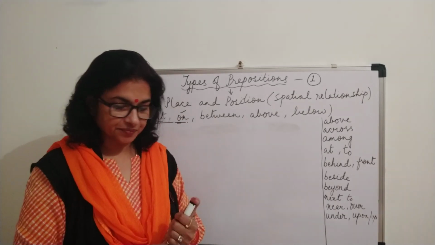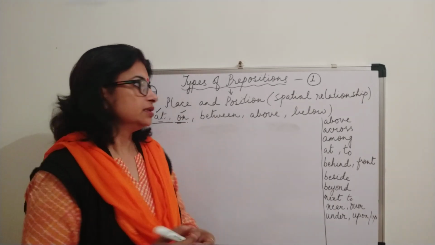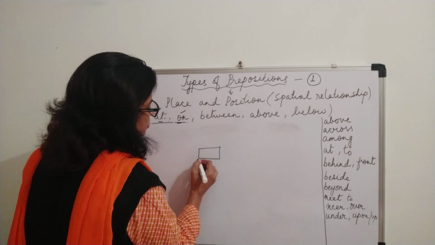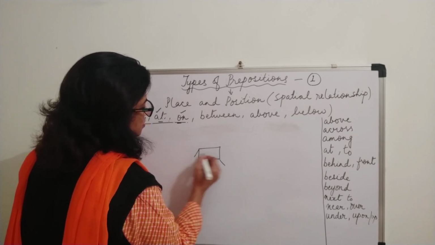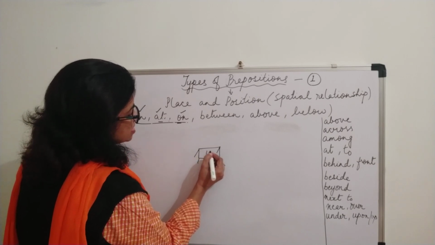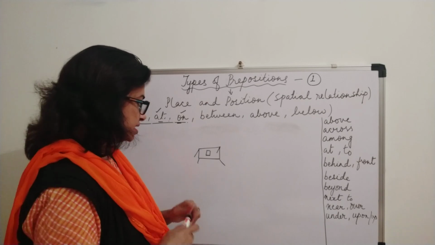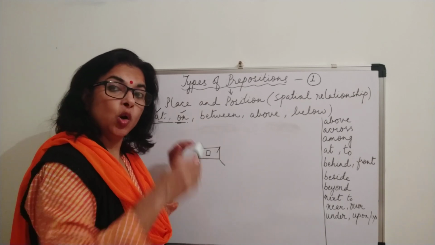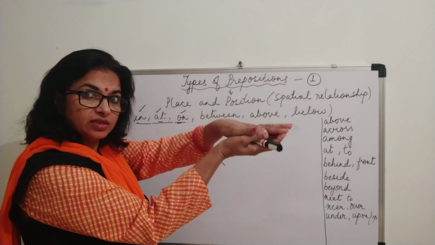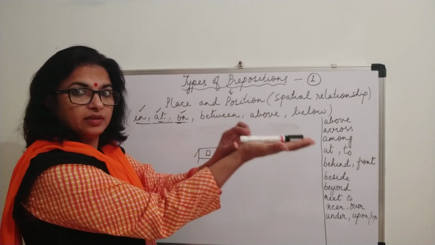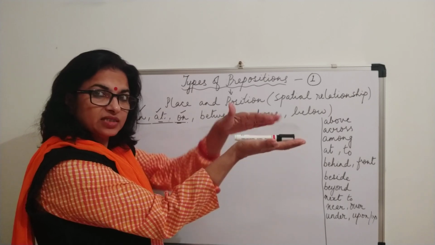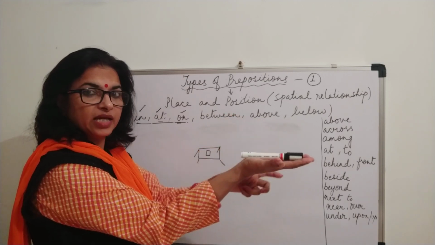If I say this is a table, suppose, imagine this is a table, and a pen or a paper is kept on the table. So I can say the paper is kept on the table. Why on? Because it is touching the surface. The pen is on my palm. See? It is touching. Then I can say on.